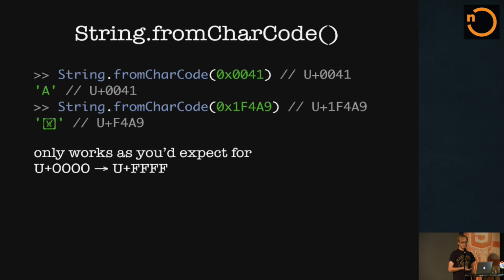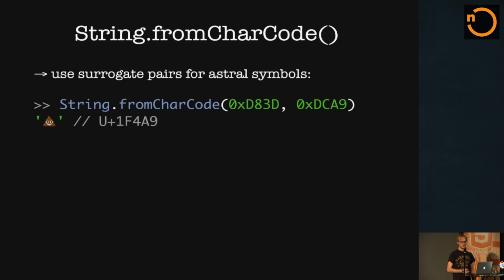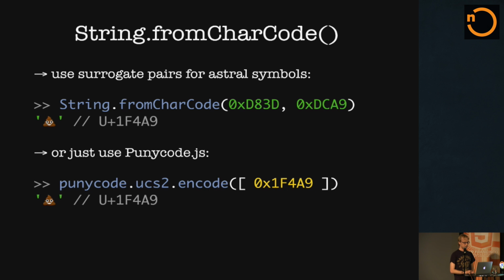Now, the solution here is to use surrogate pairs. And in this case, you would have to calculate the code points for the surrogates yourself, which is a pain, of course. What you could also do is use another library, like, for example, Punycode.js, which has a helper method where you can just pass in an array of code points, and then it will do the conversion for you. That's slightly easier because you don't have to calculate it anymore.